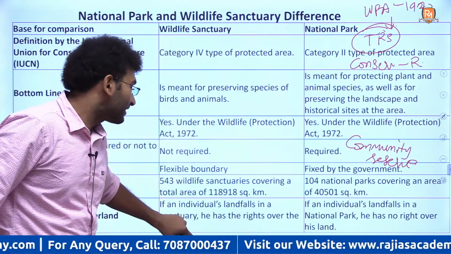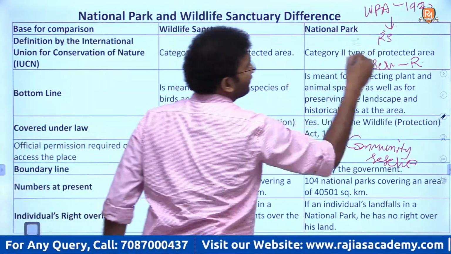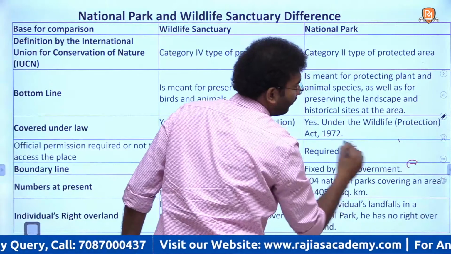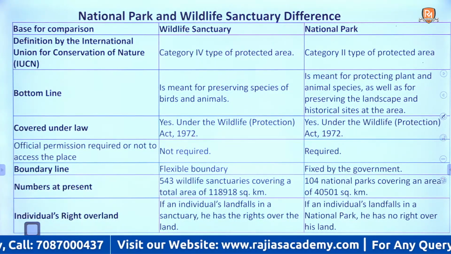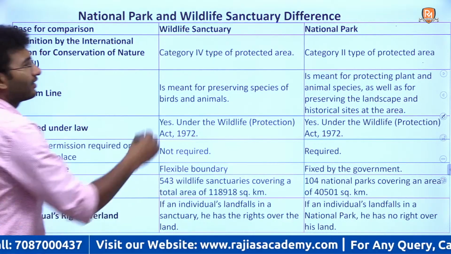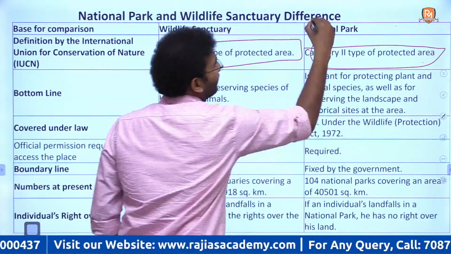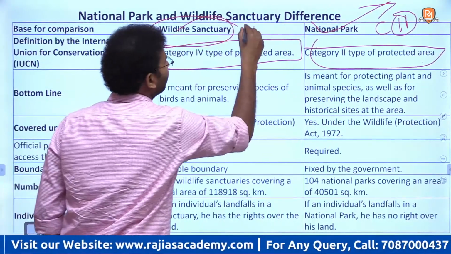As a whole, even the national parks and wildlife sanctuaries can be put into these kinds of categories. Under the Wildlife Protection Act, national parks and wildlife sanctuaries are categorized as category 2 and category 4. National park is under category 2 and wildlife sanctuary is under category 4.